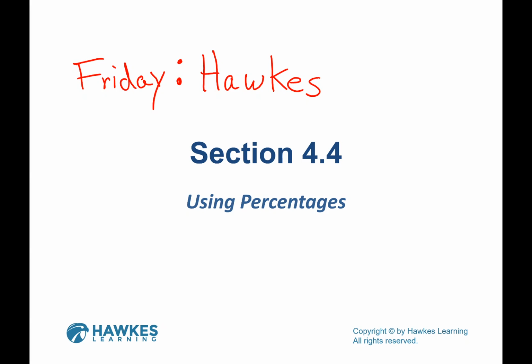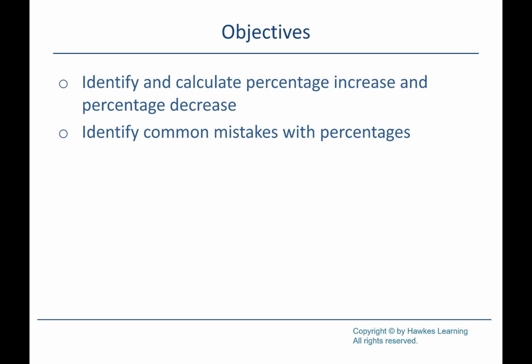Okay, let's get into it then. So really we have 3 things we're going to do. This one just lists 2 here under our objectives. We're going to talk about some shortcuts to estimate percentages. And then we will talk about percentage increase or percentage decrease.